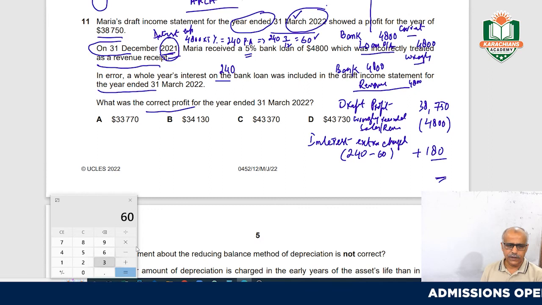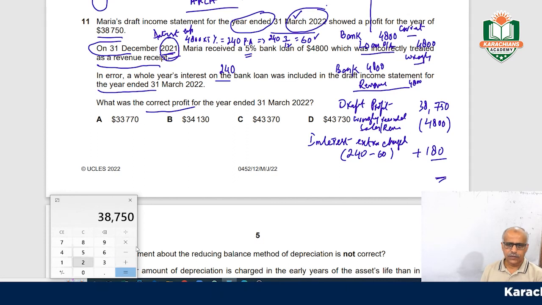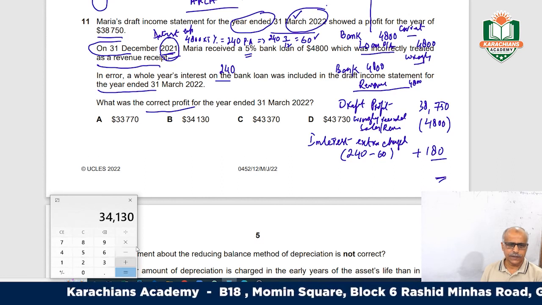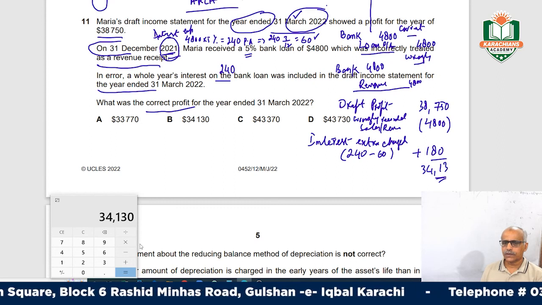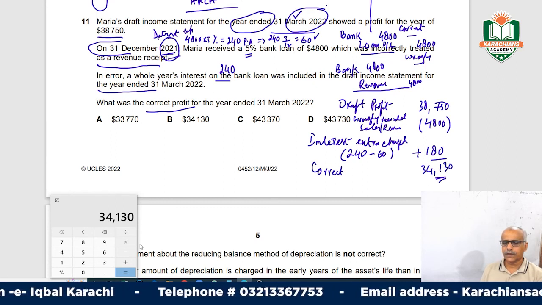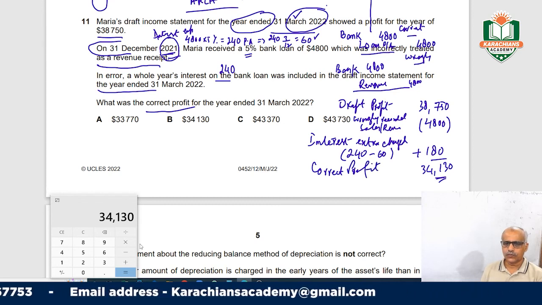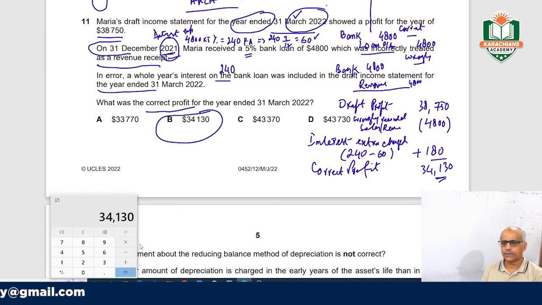So this will be 38,750 plus 180, and then minus 4,800. So this is 34,130. This is your corrected profit. So option B will be your answer.